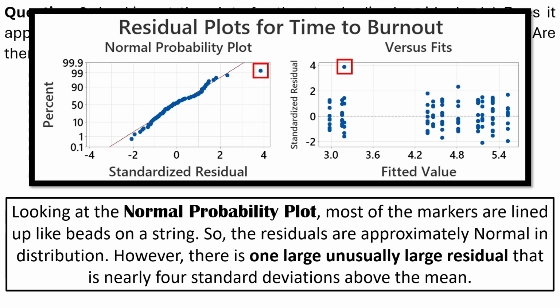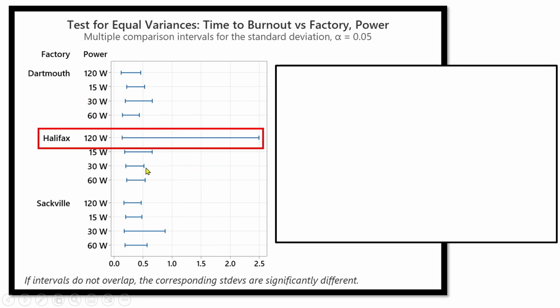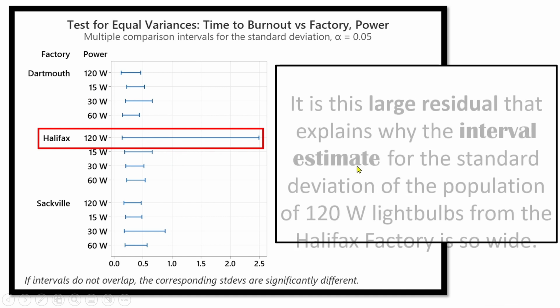Does it matter for the analysis? Not really. It does have an impact, but the impact is not really important. And what impact does this one residual have? Well, it is this residual that makes this interval for the population standard deviation so large, right?